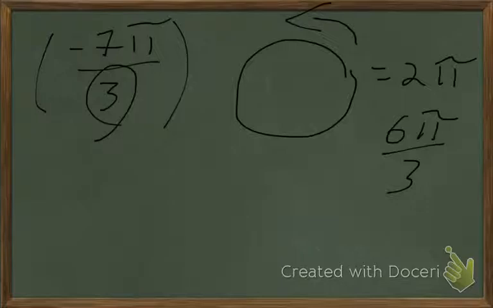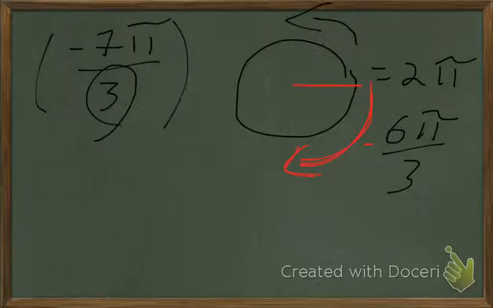But we don't want positive. We end up wanting negative. So instead of going counterclockwise, we need to go clockwise. And all the way around the unit circle this way is negative 6 pi over 3. So from here, this way is negative 6 pi over 3 when we make it all the way around.